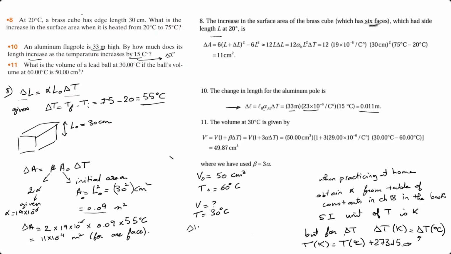so I can plug them in my formula. I will use this formula, delta V equals V0 beta delta T, and V0 is the volume at the temperature of 60, so I'll plug here 50. I can leave this in centimeters cubed, and then delta V will be in centimeters cubed, rather than having to multiply by 10 power minus 6, which is quite annoying. But up to you. Beta is 3 times alpha, and alpha is found from the table of constants. It is 29 times 10 power minus 6.